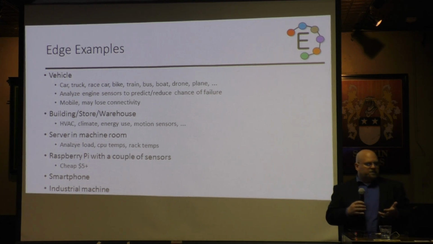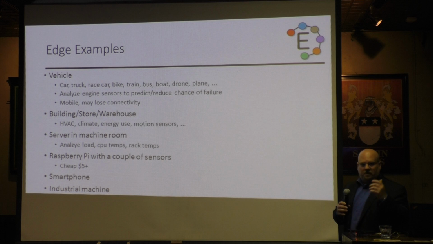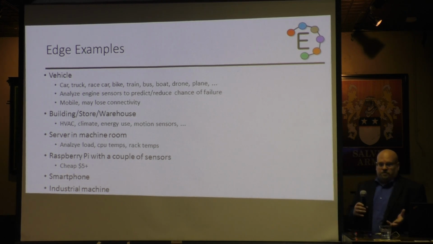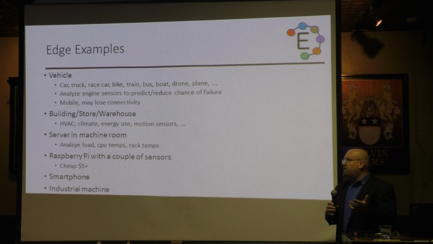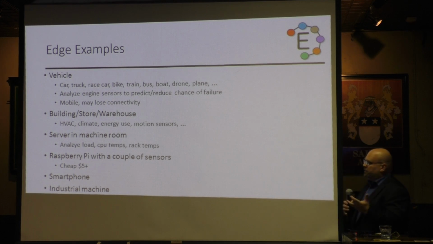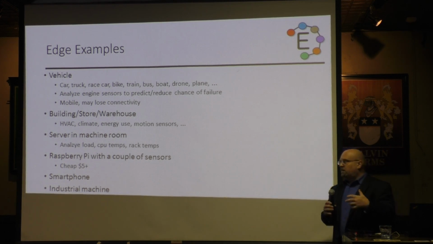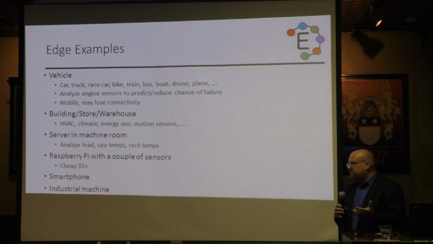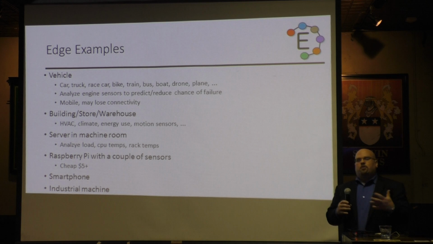Here are some other examples: vehicles. I heard you guys talk about your connected car. Vehicles are absolutely an edge type space. Buildings, warehouses, even smartphones, industrial machines. You name it.